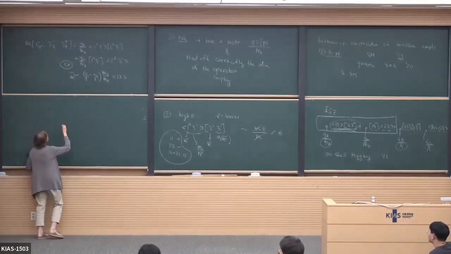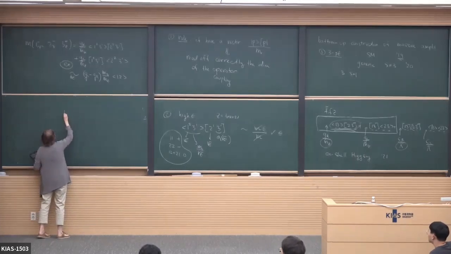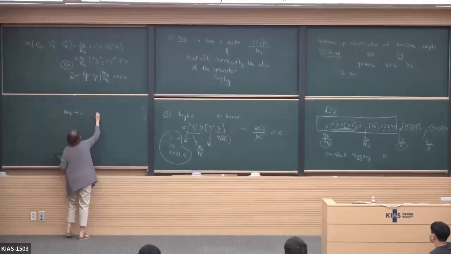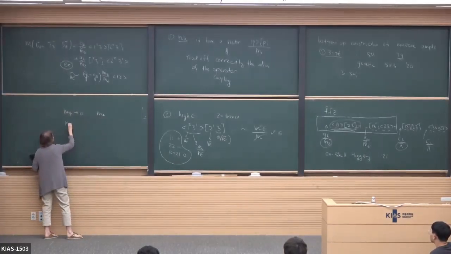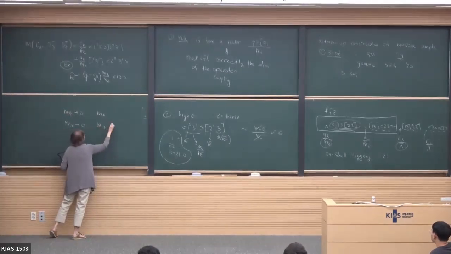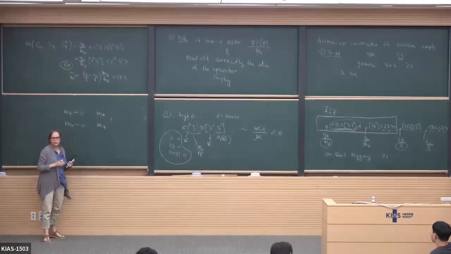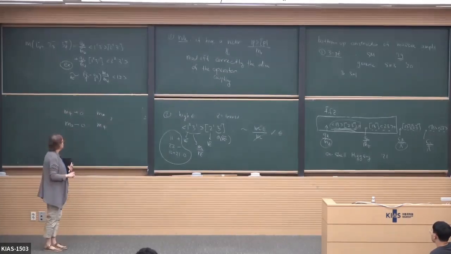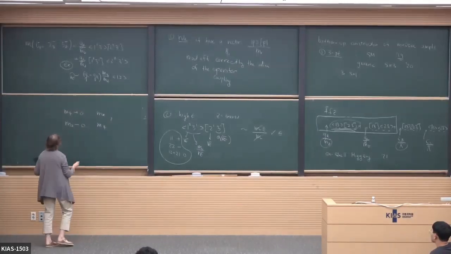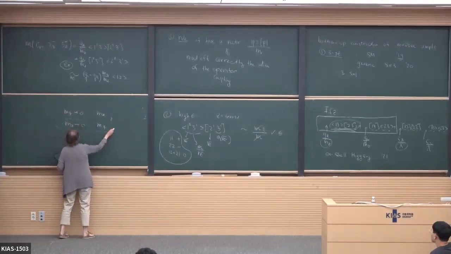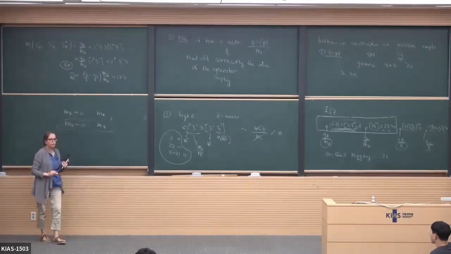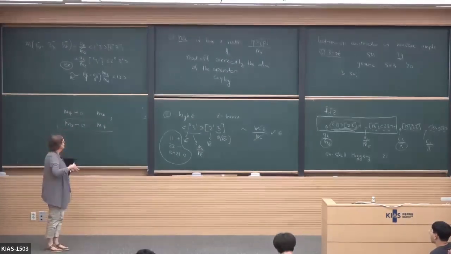For example, am I allowed to take m psi to 0 and mz finite, or am I allowed to take mz to 0 and keep m psi finite? Are they related in some way? And you see right away that this thing is not well behaved because I have mz in the denominator.